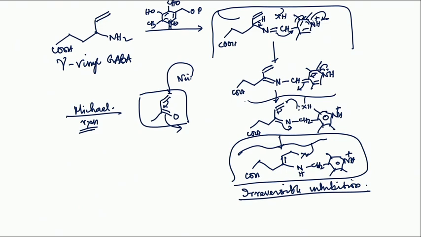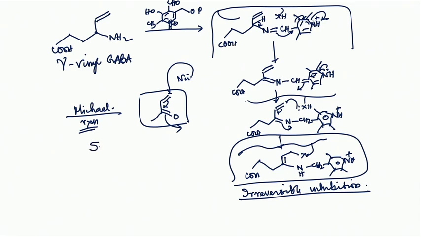So, if that be the case, this is a case of irreversible inhibition, and the question is whether it is active site directed or is it a suicide inhibition. You see, this is a suicide inhibition because the normal reactions proceeded up to a certain extent, and that creates a reactive system.